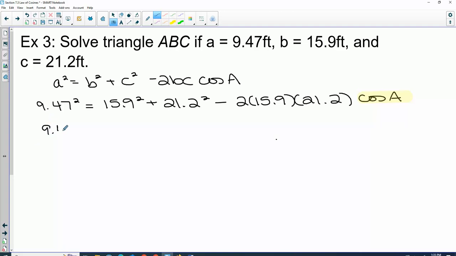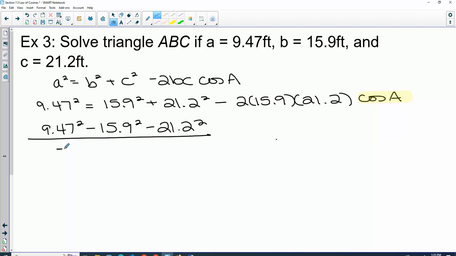So we have to subtract over the 15.9 squared and 21.2 squared and divide by the -2 times 15.9 times 21.2.